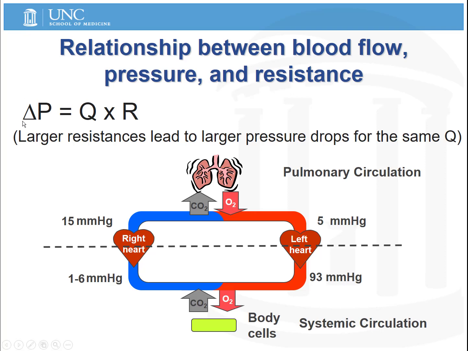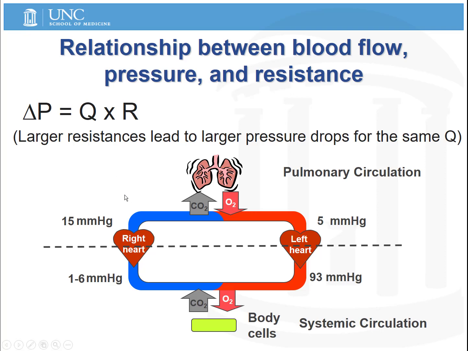Based on this rearranged equation, we can see that what leads to a pressure change, or really a pressure drop, is the amount of blood flowing across that vessel and the resistance of those vessels. So this means that the greater the resistance of the vessel, the larger the pressure drop, because more of that driving force has to be used to push the blood across that higher resistance.